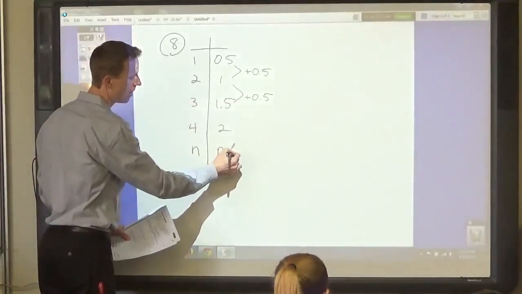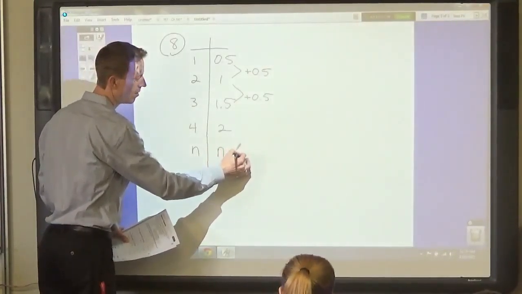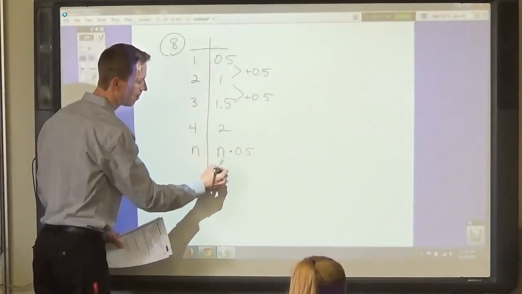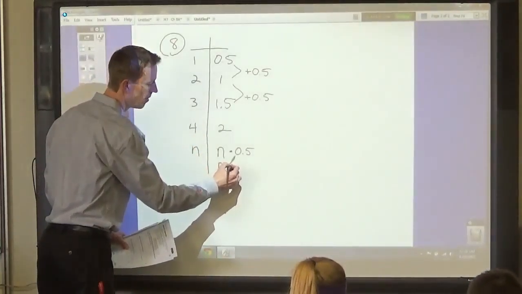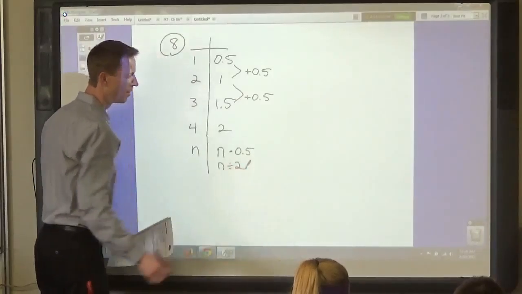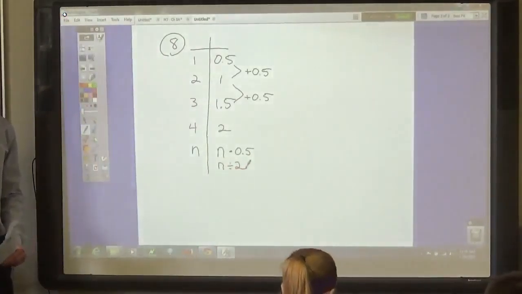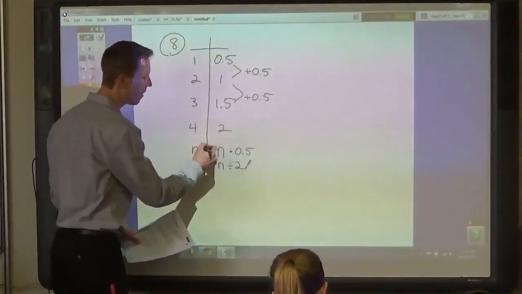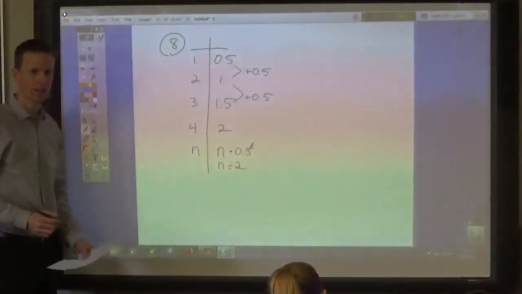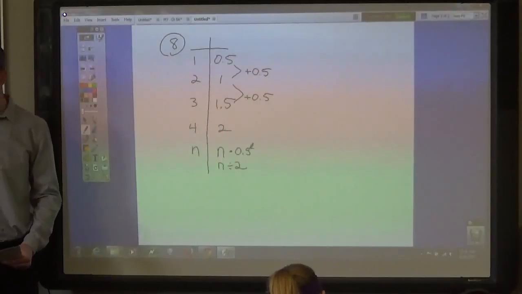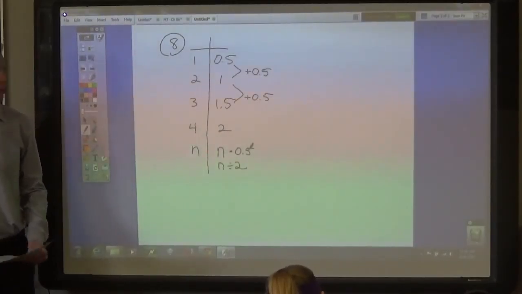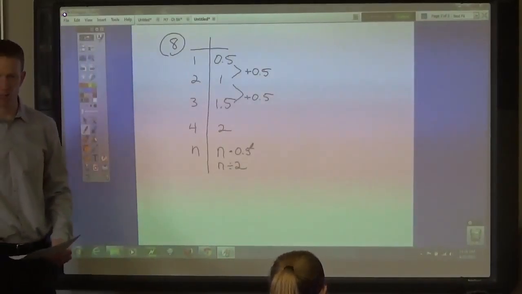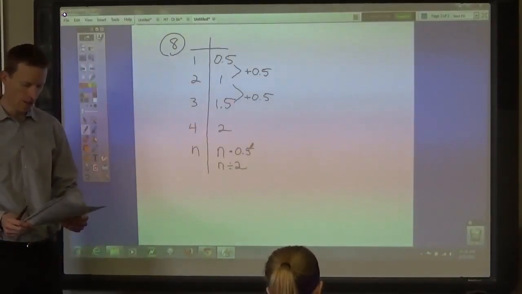So n times 0.5 or n divided by 2. Whenever you're finding the nth term, you'll have to use multiplication or division in it. Okay? And that's why it's helpful to see the terms written this way. Okay?